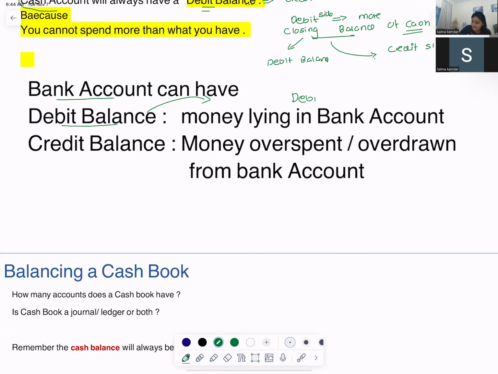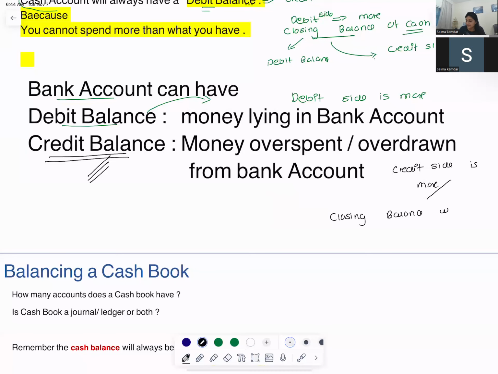If the bank account has a credit balance, it means that the credit side is more. So if bank account has a debit balance, the closing balance will appear on the credit side. If bank account has a credit balance, it means your credit side is more and closing balance will appear on the debit side.